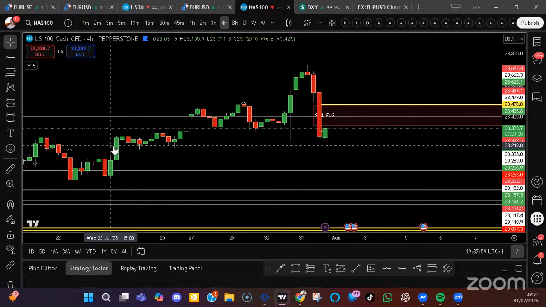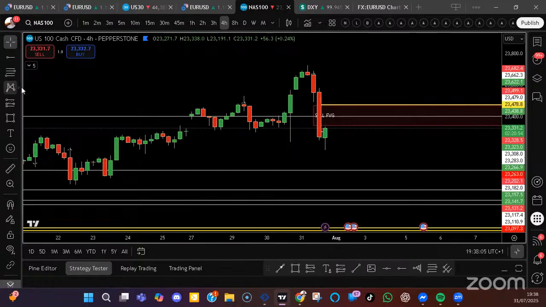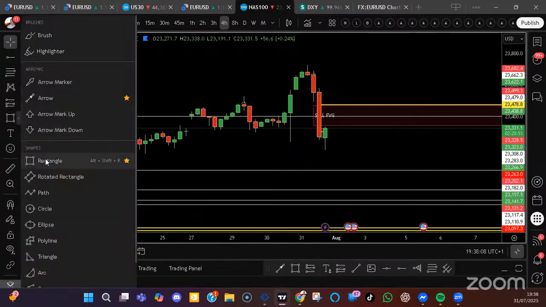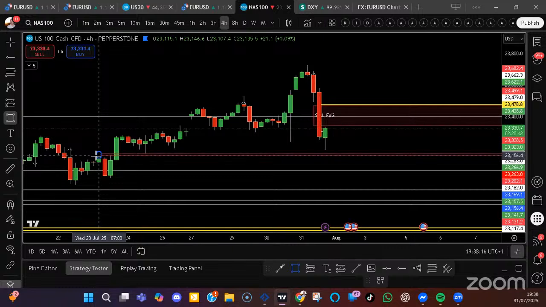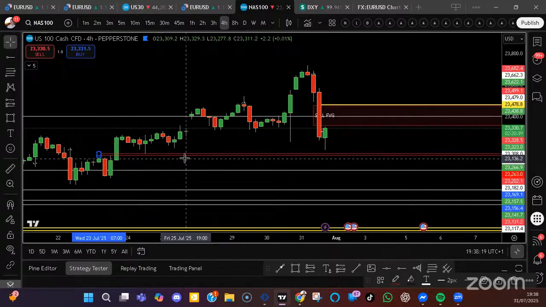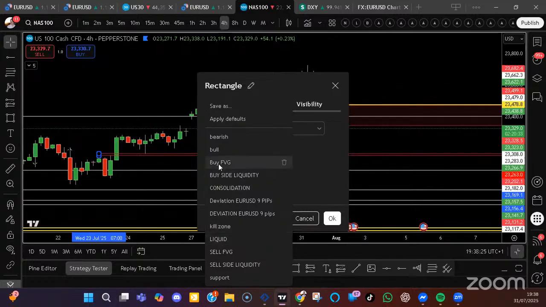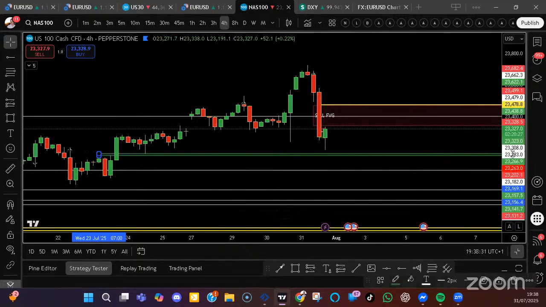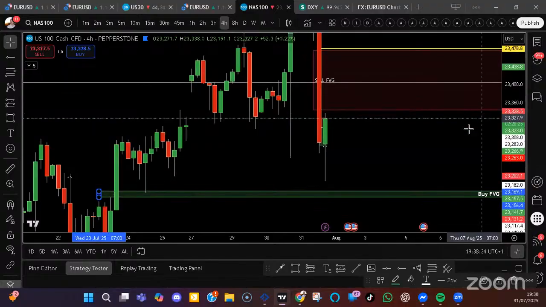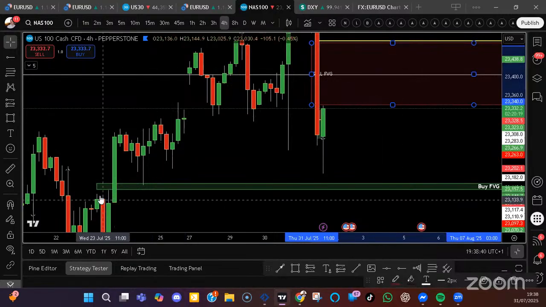See, that could, oh no, hang on. That's interesting. I want to show you this. This little bit down here, little smidge down here. Change it to green because it's a buy fair value gap, although it's very small. But then again, when they're really small like that, I don't know how accurate they are.